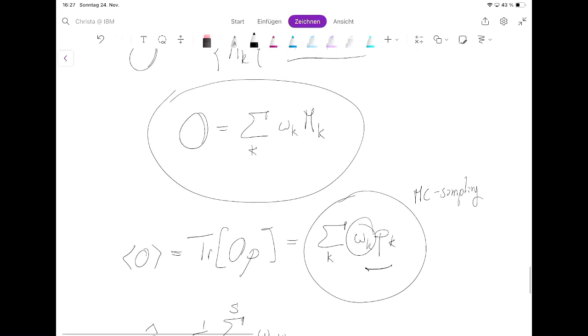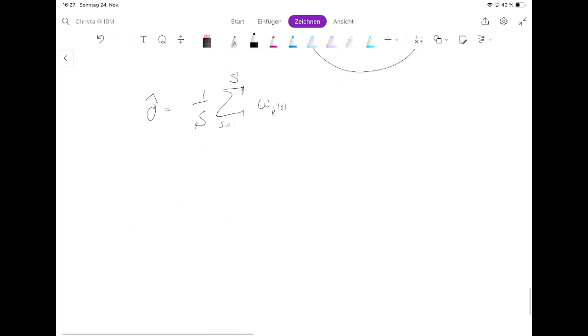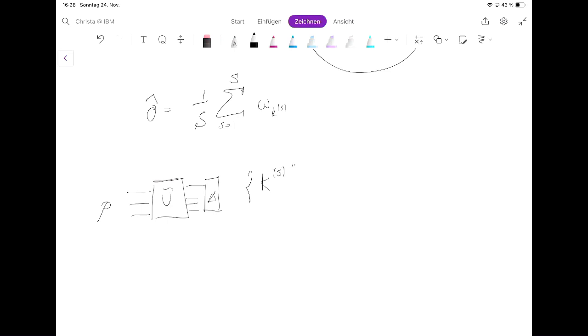So you can take your circuit, you have your initial state, you do your algorithm whatsoever, then you measure your POVM at the end. You get a collection of outcomes, okay? So this is the collection of outcomes for S shots, and then only afterwards you decide which kind of questions you want to ask, what kind of observables you want to measure.